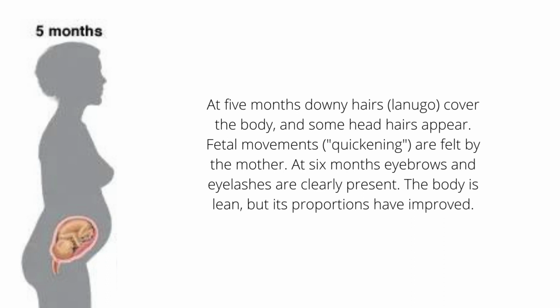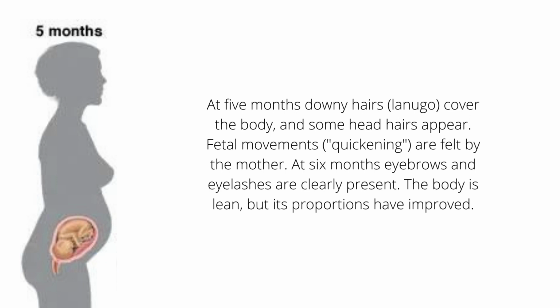And sa 5 months, may ginatawag na nga downy hairs or lanugo. They cover the body, and some heads may nagatubo nga na nga hair. So the skin is transparent still, and fetal movements are felt by the mother.